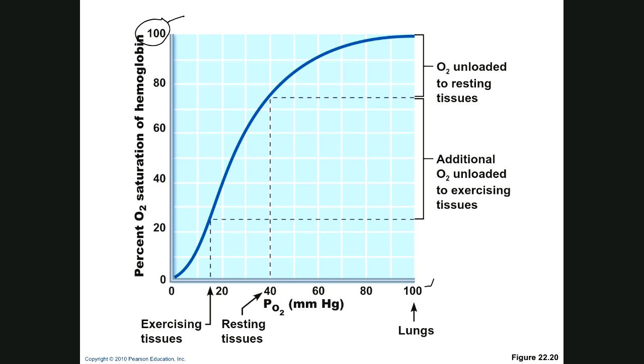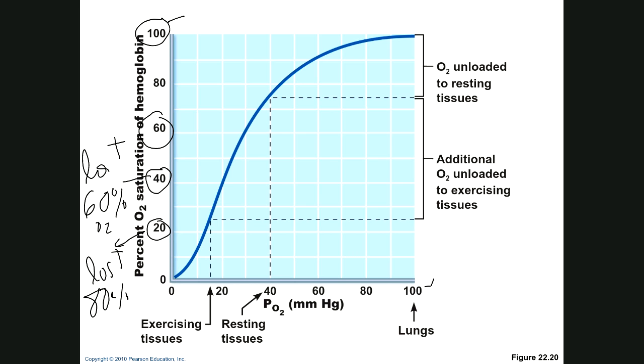If the hemoglobin has a saturation of 20%, that means it has 20% oxygen, it has lost 80% of its oxygen. 40% saturation means it has given up 60% of the oxygen. 60% saturation means it has given up 40% of the oxygen.